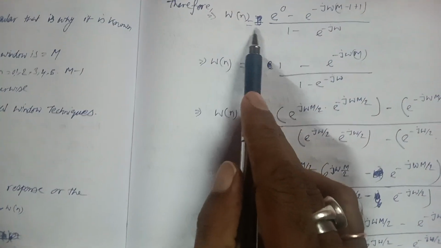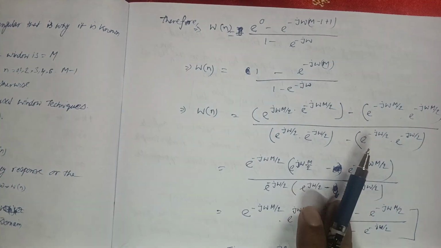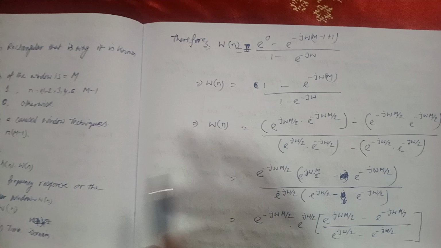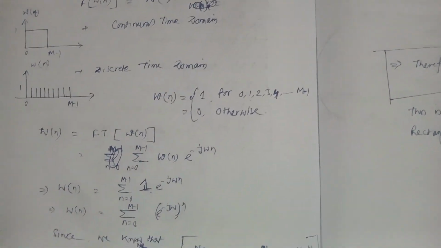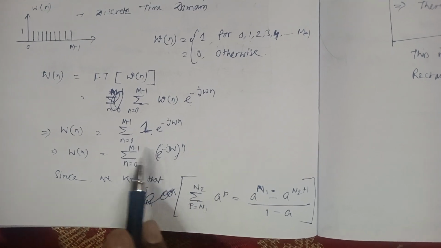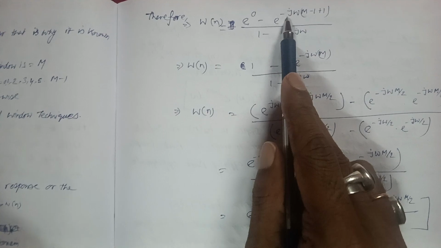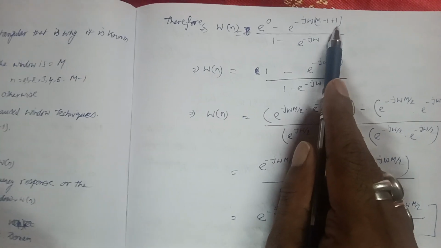So therefore we can write it here as e to the power 0. Why e to the power 0? Because n1 starts from 0, so n1 equals 0, and n2 equals M minus 1. So we get e to the power 0 minus e to the minus j omega into (M minus 1 plus 1).